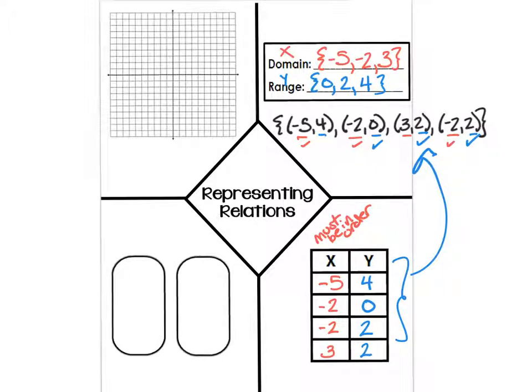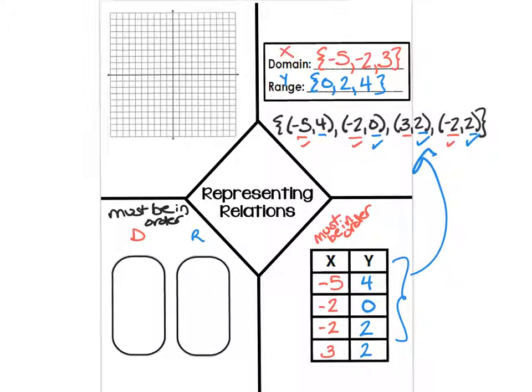The next piece we're going to try is a mapping. The mapping has two ovals in it. The left one is the domain. The right-hand one is the range. Both of these must be in order from the least to the greatest.